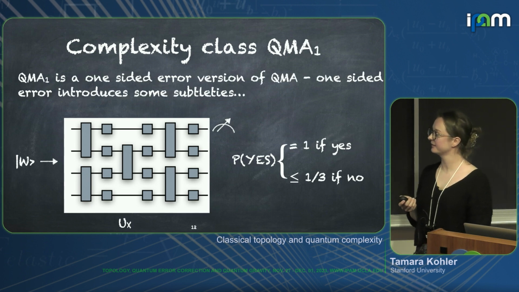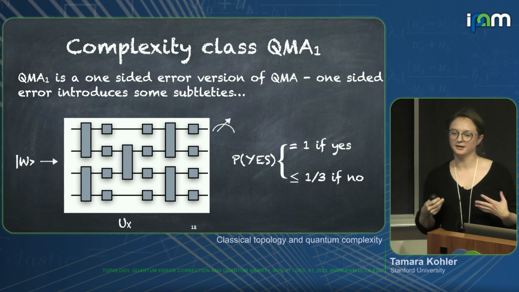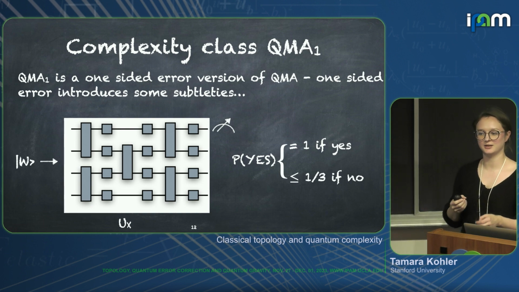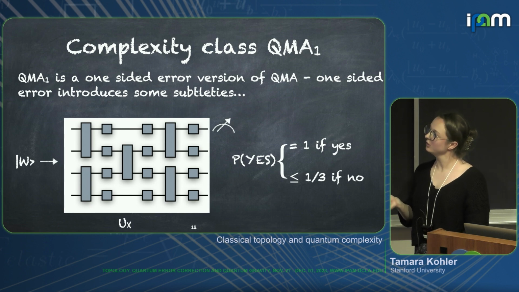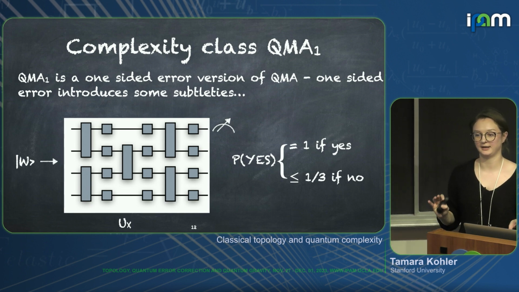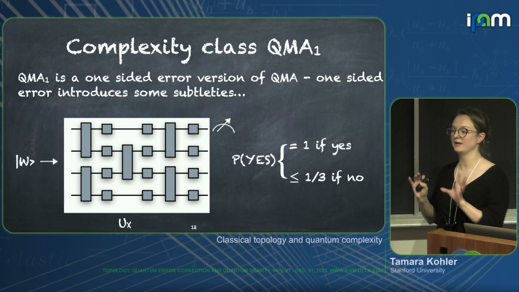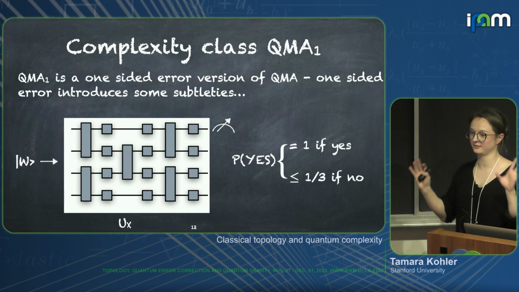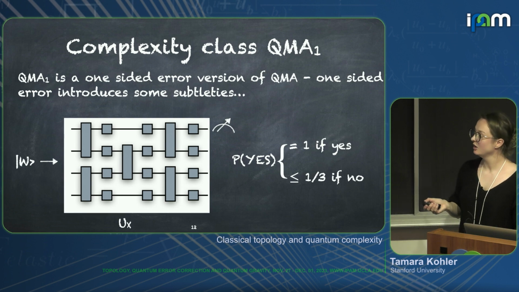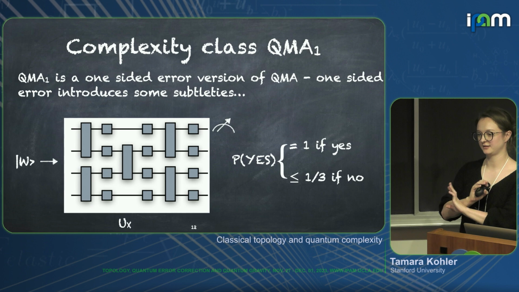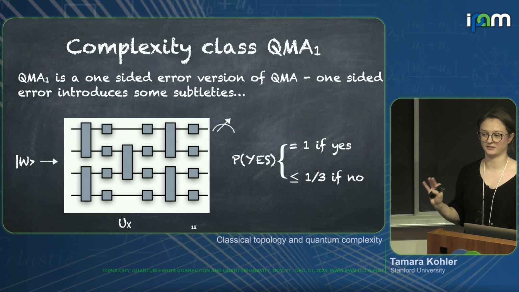So what's that class? Well, QMA1 is, as the name suggests, a very minor modification of QMA. The modification is just that now we only allow error in one case. What that means is, if the person who's got this potential solution is telling me the truth and does have a real solution, my quantum computer has to accept that solution 100% of the time.